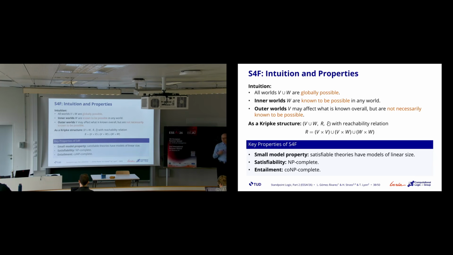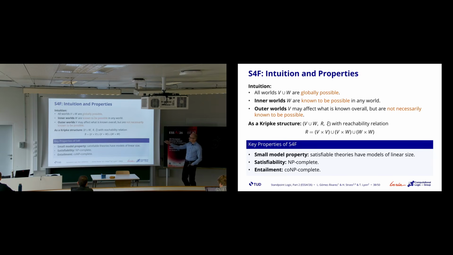Useful properties of S4F that also hold are that we have a small model property. Right? So satisfiable theories have models of linear size, and the idea here is the same. So this basically uses standard ideas that Joe Halpern and Shoham used already in the 80s for standard modal logics.